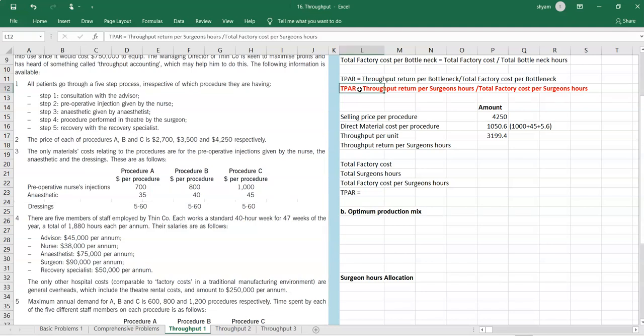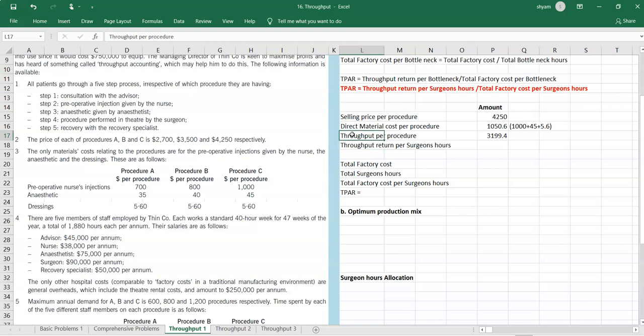So for TPAR, we need to know the throughput return per surgeon hour divided by total factory cost per surgeon hour. As we are working out selling price per procedure and throughput per unit, or per procedure, we should know the time it takes.